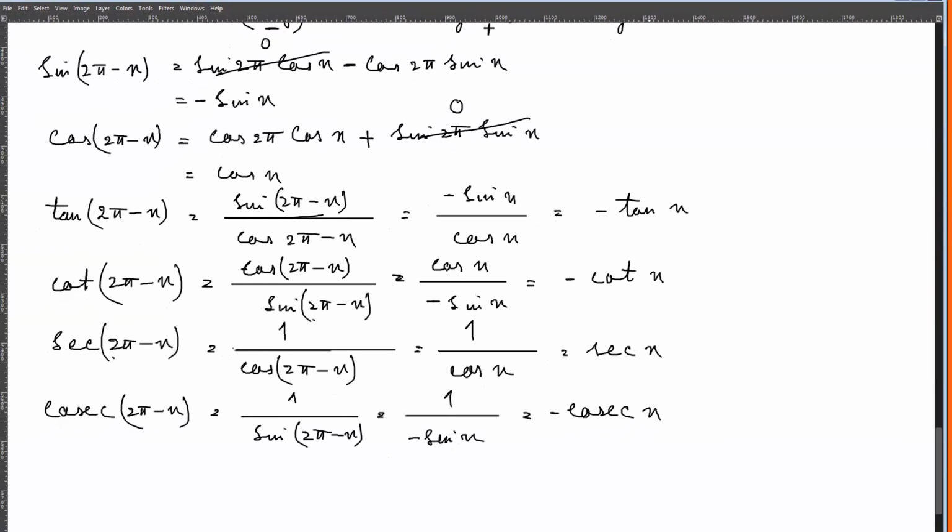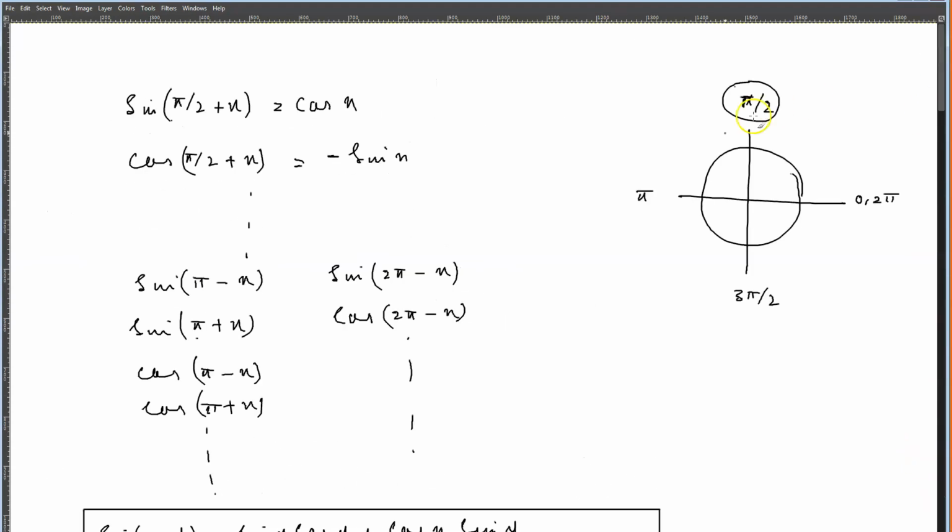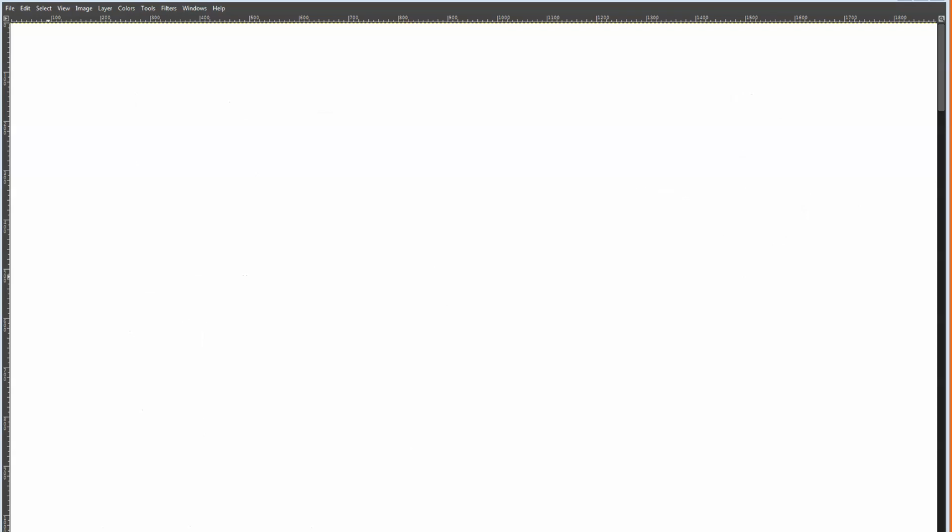Now I can basically come over here and create my table all over again. It would be very simple. So I have SSTC.